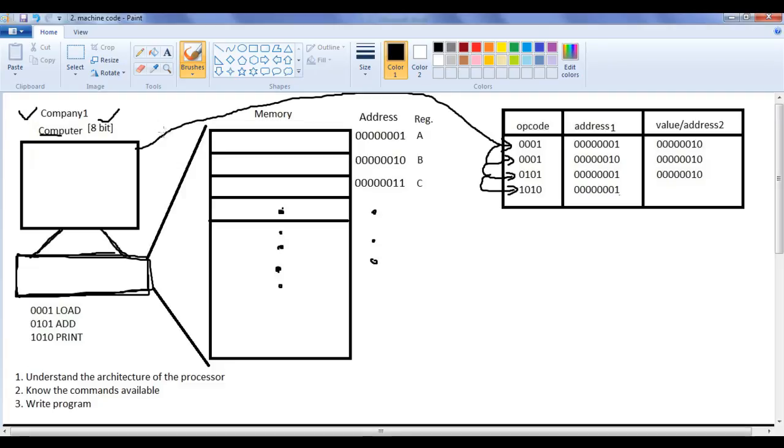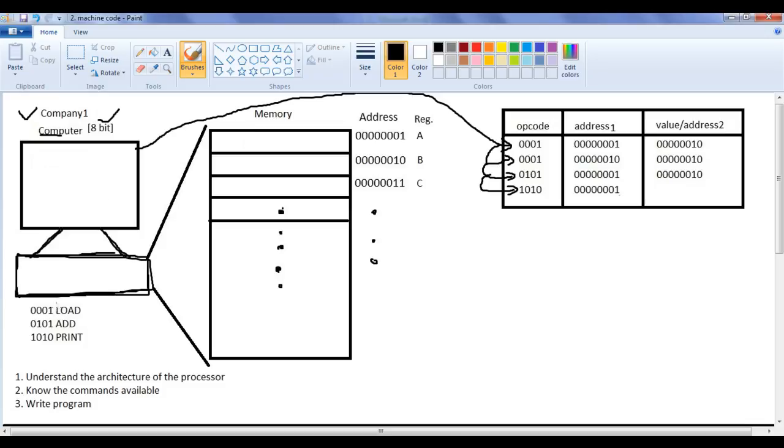If you want to write code or tell this computer to do something, first you need to understand what the tokens of this computer are.